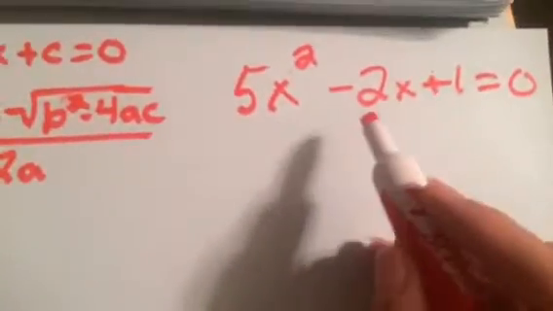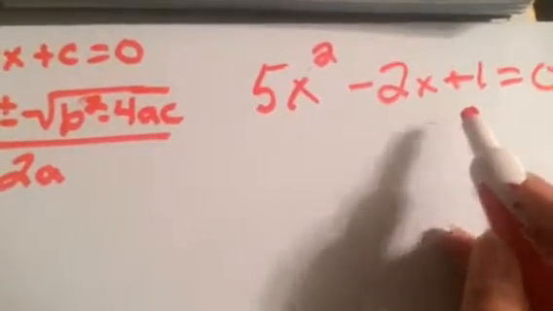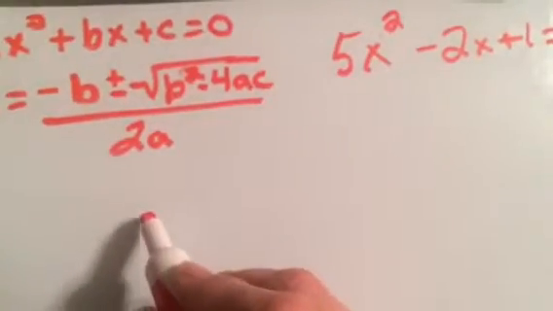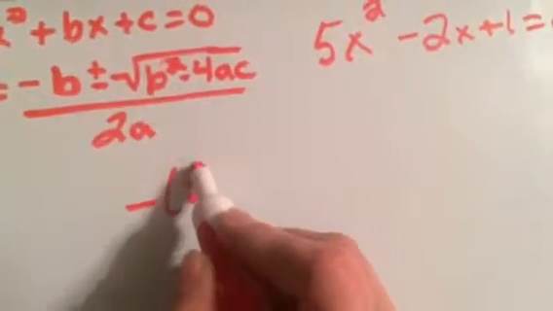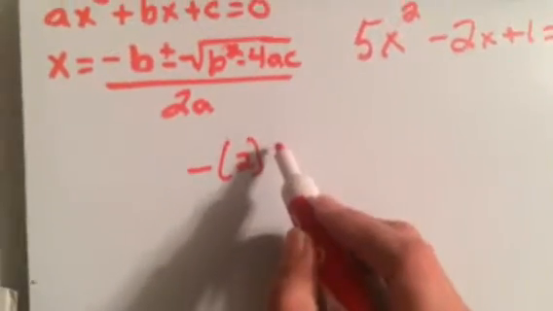So the 5 is our a, the negative 2 is our b, and the 1 is our c. So we'll plug that into our equation.